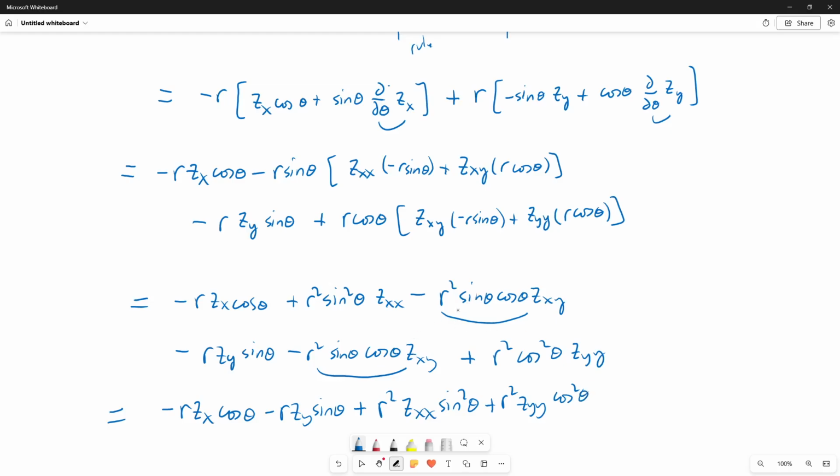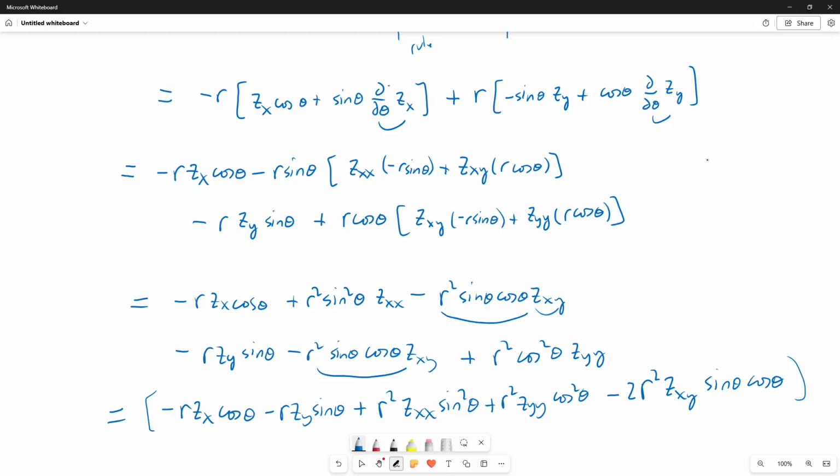And then these two are identical, so we have minus two of those mixed partials, 2 r squared z sub xy sine theta cosine theta. So we have 5 terms altogether in our answer.